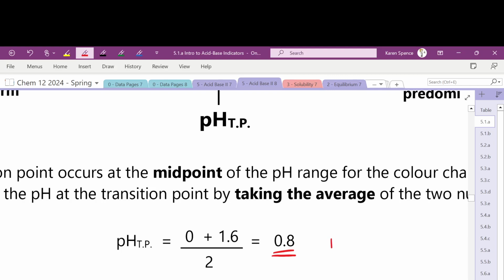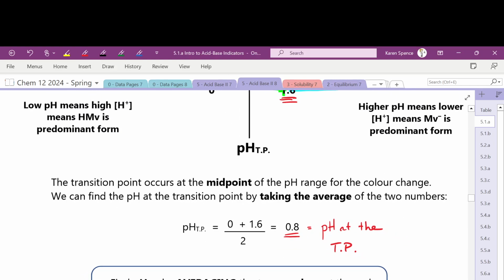And that is the pH at the transition point. So we can find the pH at the transition point by averaging the two numbers at the ends of the pH range of the color change.